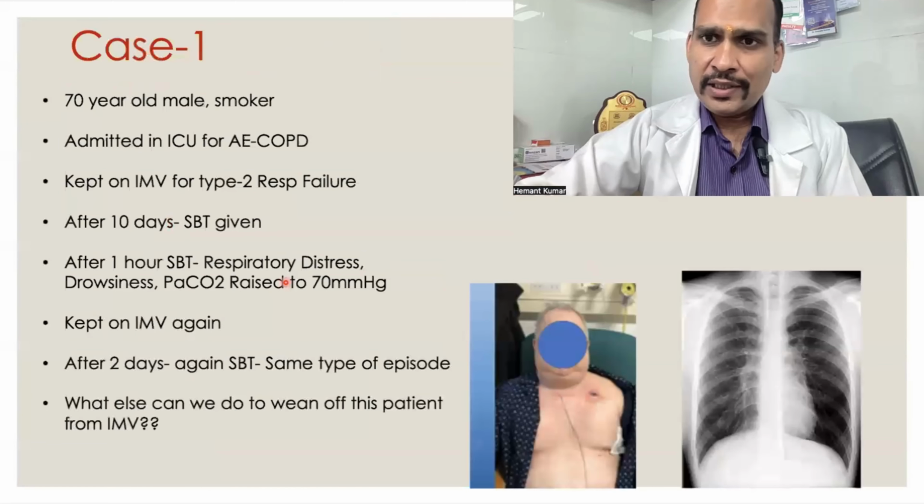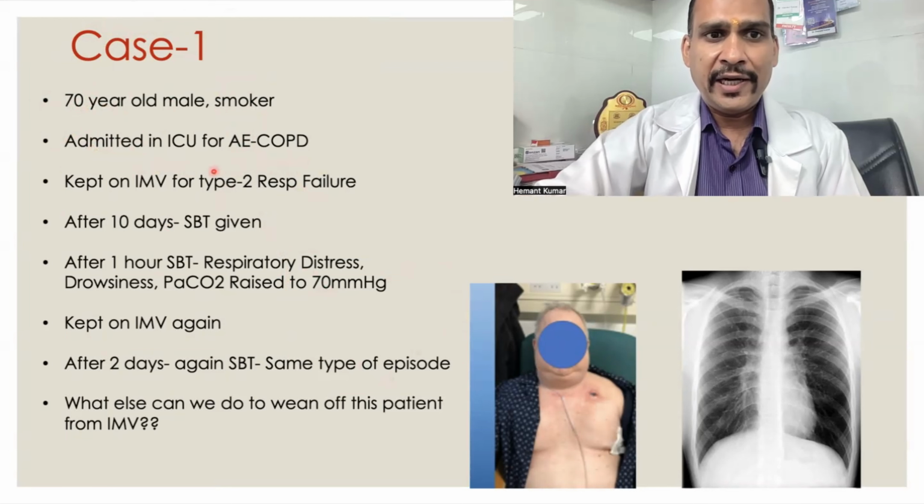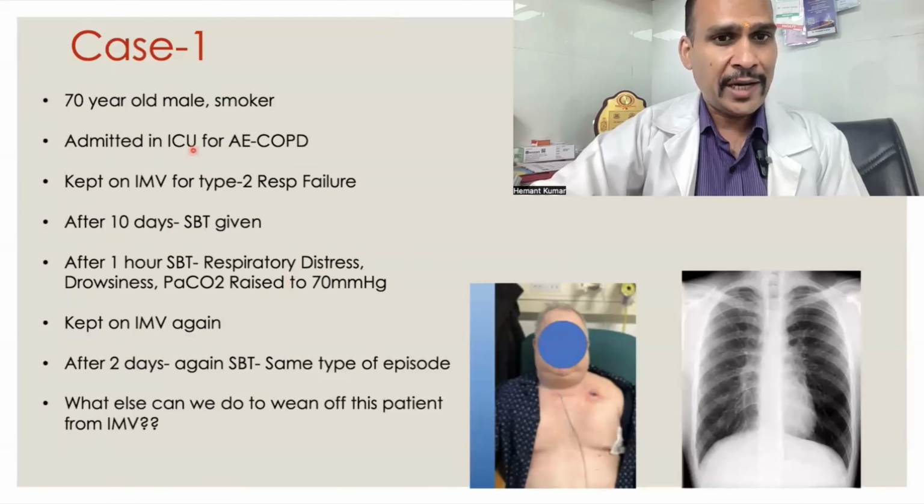Before going into the detailed presentation, we will discuss our case 1. This is a common patient we get in daily practice. This is a 70-year-old male smoker admitted in the ICU and kept on mechanical ventilation because of type 2 respiratory failure.